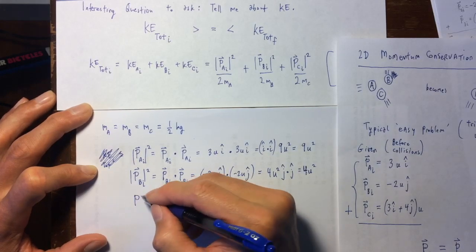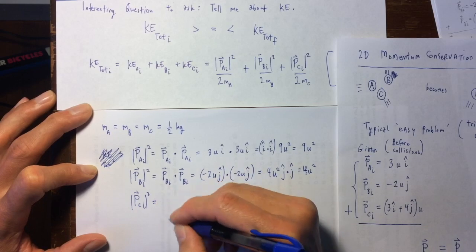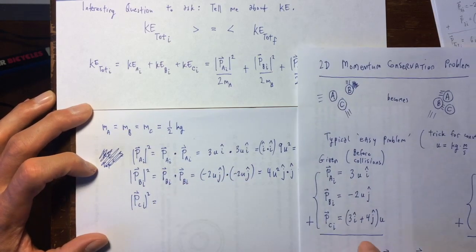So this one, p sub Ci magnitude squared equals p sub Ci dot p sub Ci. So p sub C initial is a little bit more complicated. It actually extends out into both i and j.